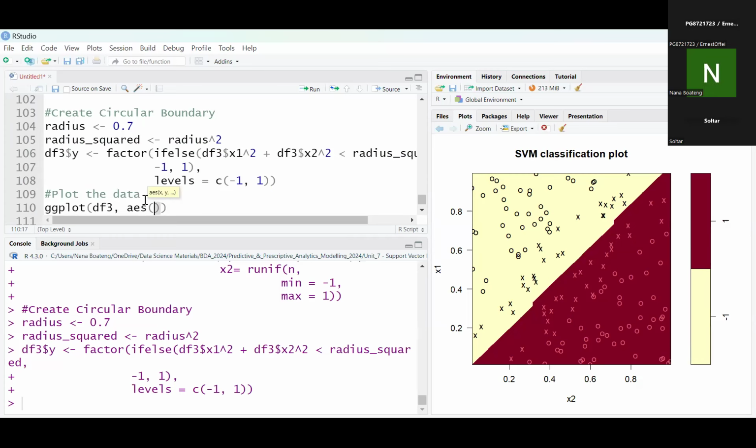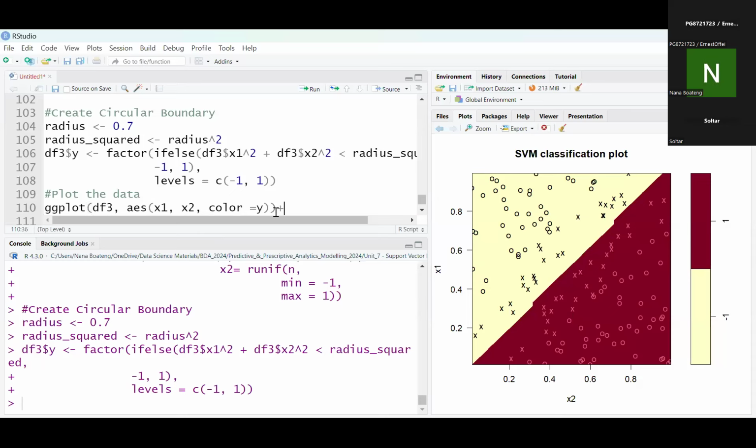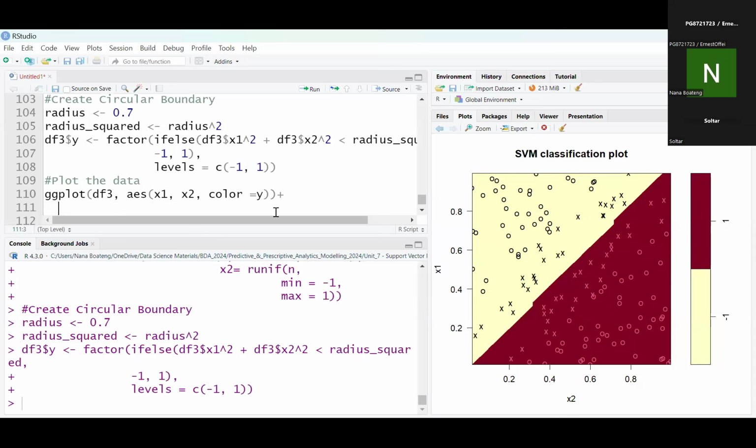We have x1, and then y is equal to x2. Or we don't need a y, just bring x2. That also works. Then our color is equal to y. Let's add a layer. So we want the data points, so we need the geom point.